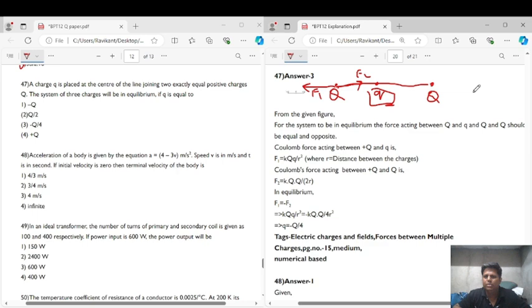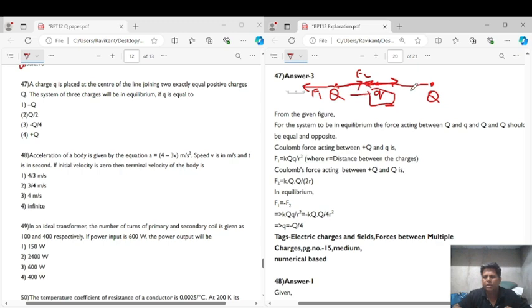Now the same will be the scenario with this because the system is symmetrical. So if we find F1 and F2 and equate them to each other, because for the system to be in equilibrium they have to be equal and opposite, we can get the value of q, right? If we talk about small q, this Q will be repelling it in this direction and this Q will also be repelling it in this direction.